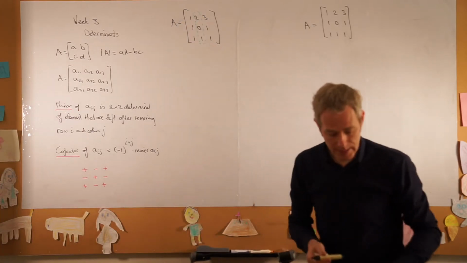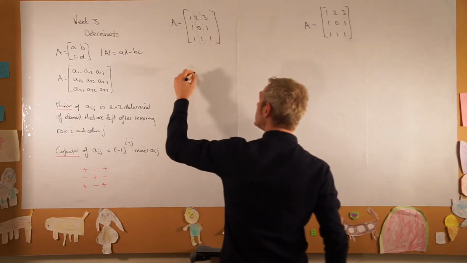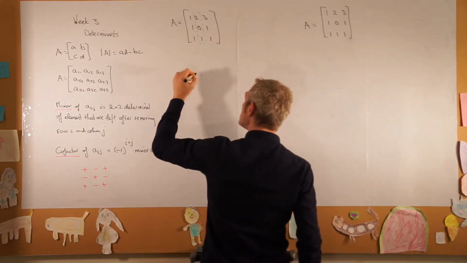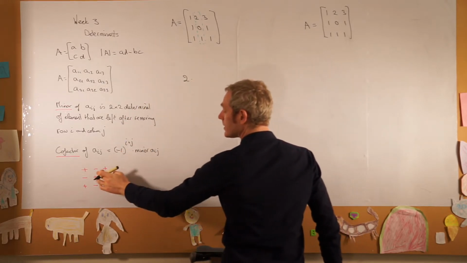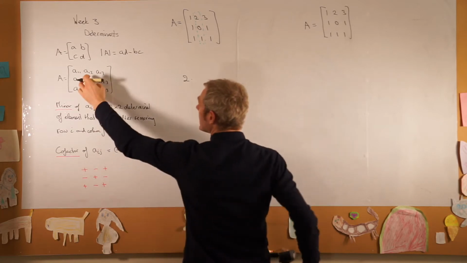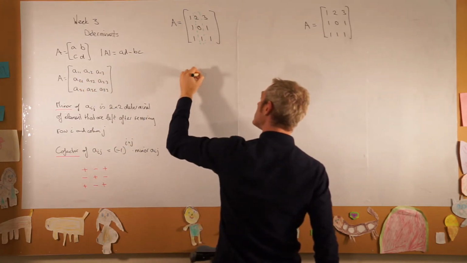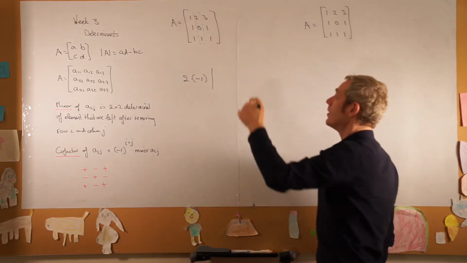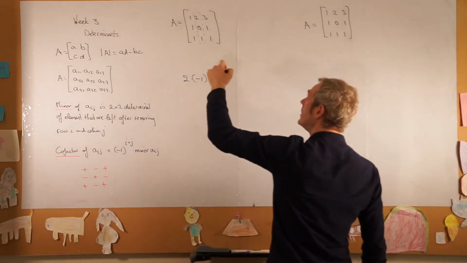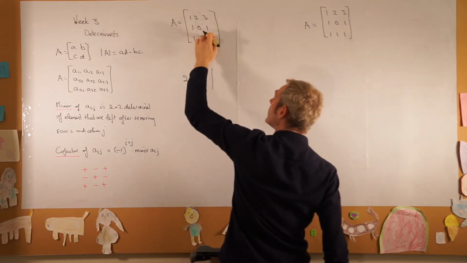So that means that I start with my element 2 times its cofactor, and so I need to determine that sign. Well, it's element A12, so I know it's a minus sign, times minus 1 times the elements left if I remove the first row and second column. So first row and second column, I'm left with 1, 1, 1, 1.